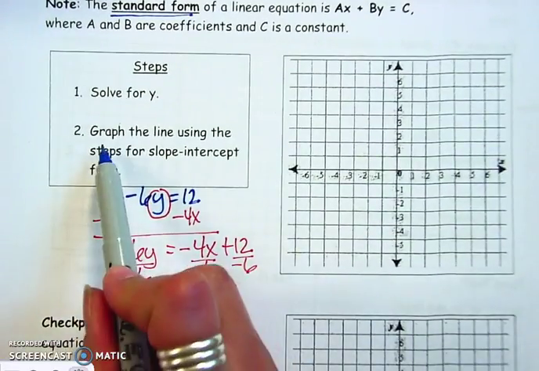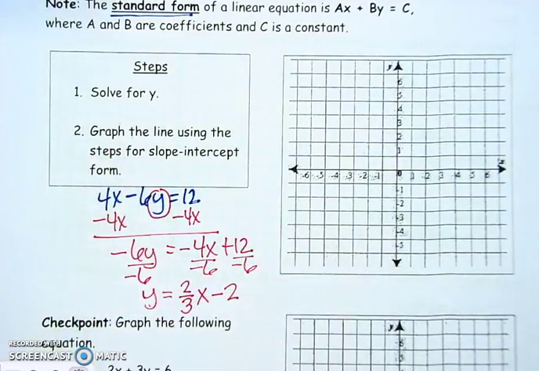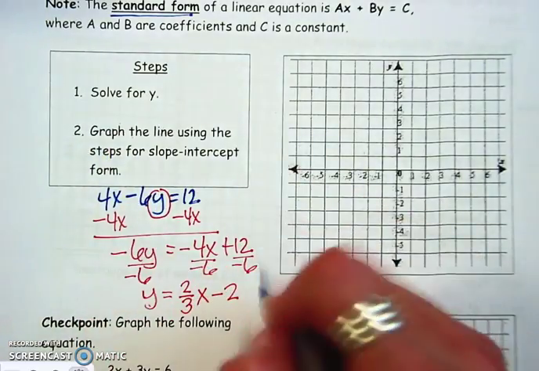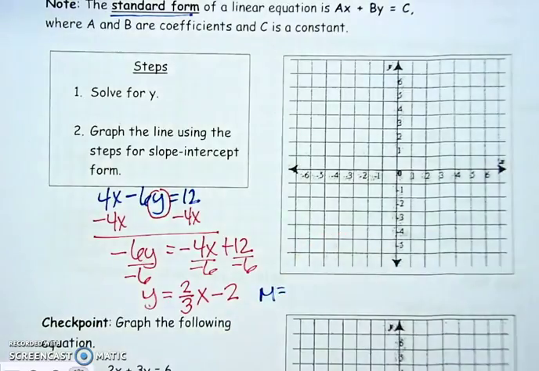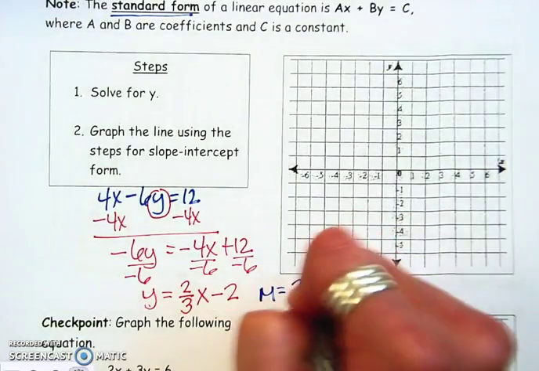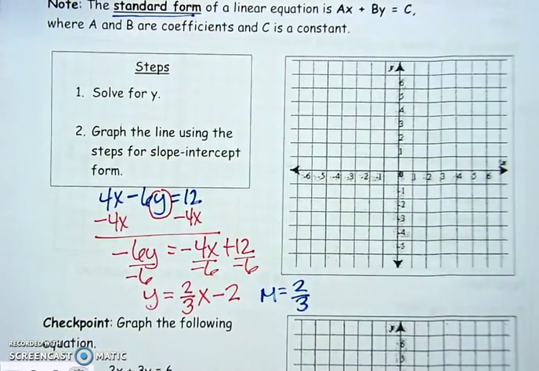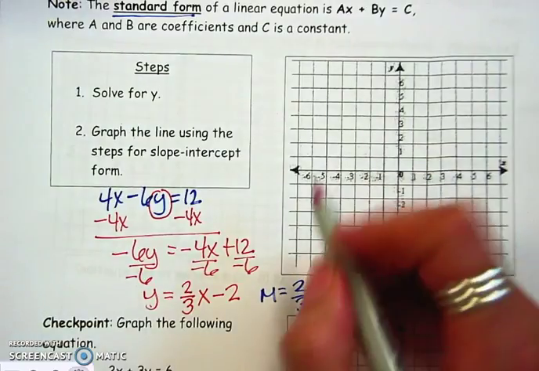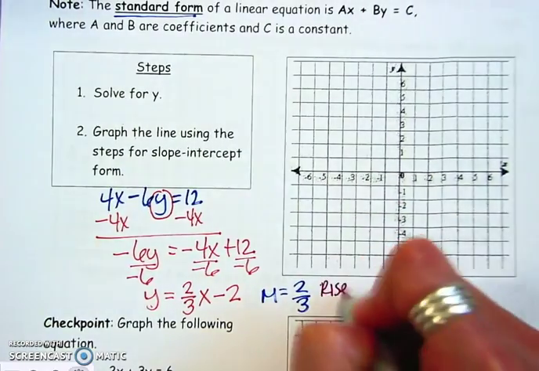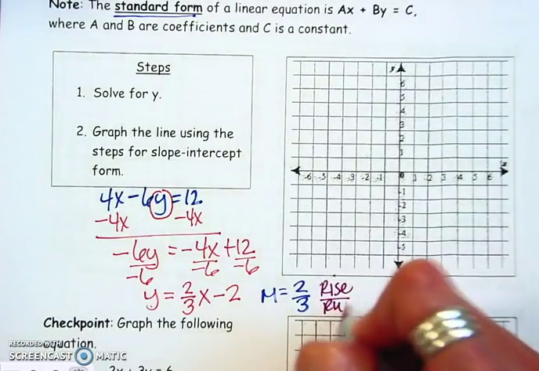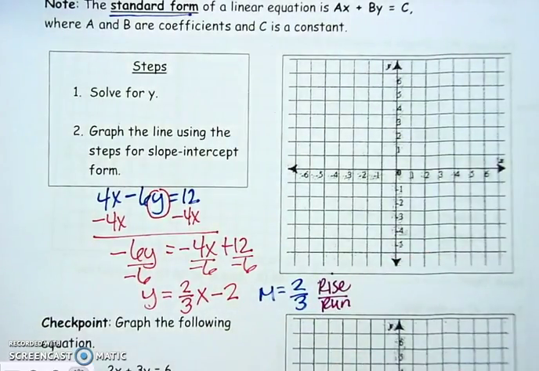So my equation in slope-intercept form is y is equal to 2/3 x minus 2. From here, our steps say to graph the line using the steps for slope-intercept form. So we need to identify our slope, and our slope is 2 over 3. We know that our rise is 2 and our run is 3.